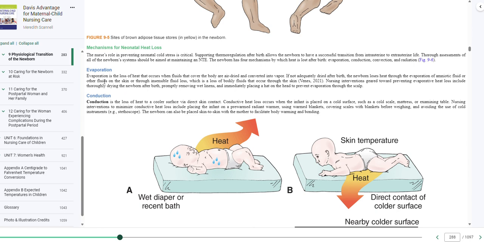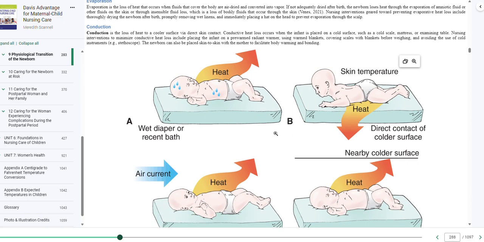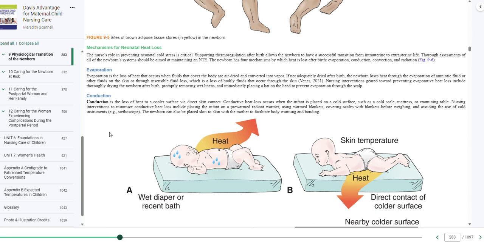So remember we talked about the evaporation and conduction, and conduction is the loss of heat to a cooler contact, such as a mattress or anything that is put on the baby, not warm skin, because skin to skin can actually facilitate the warming back up. But a diaper, anything like that.